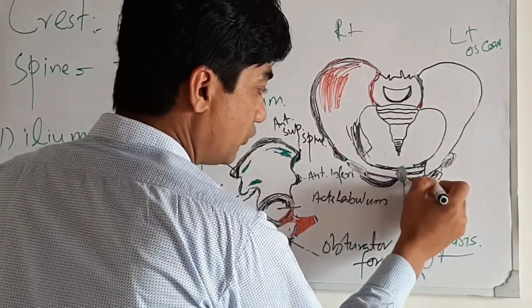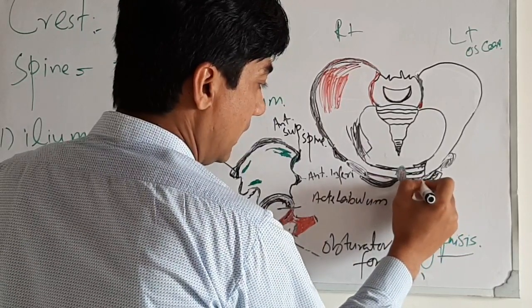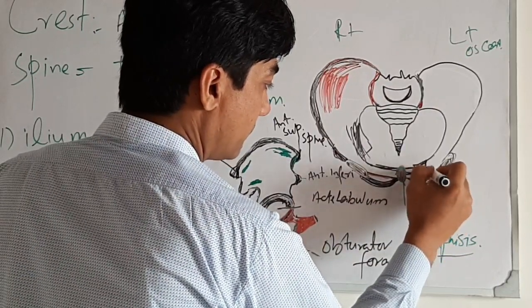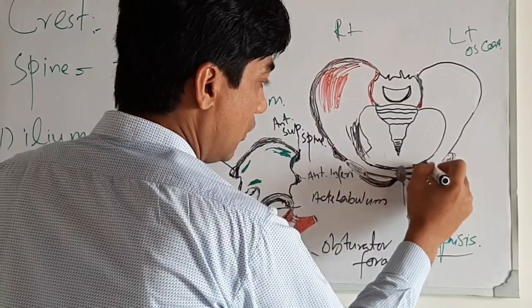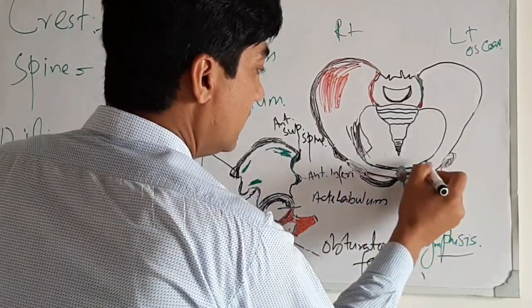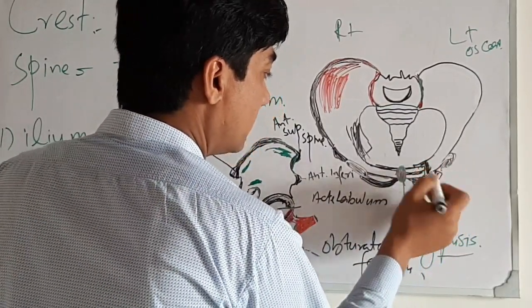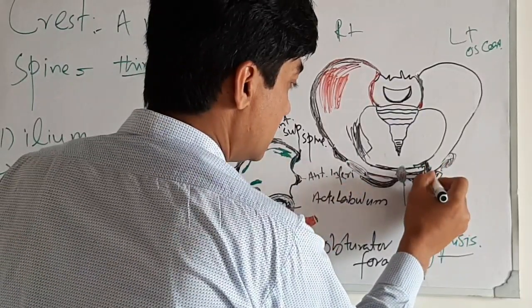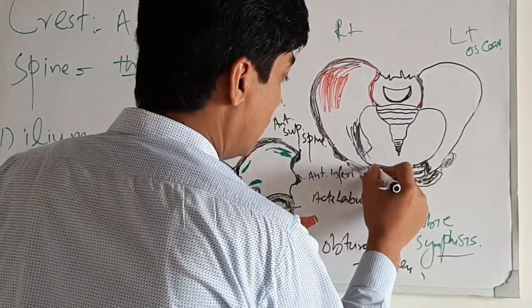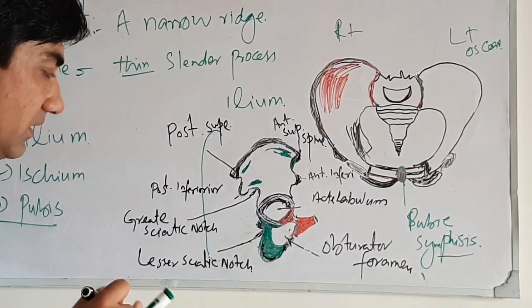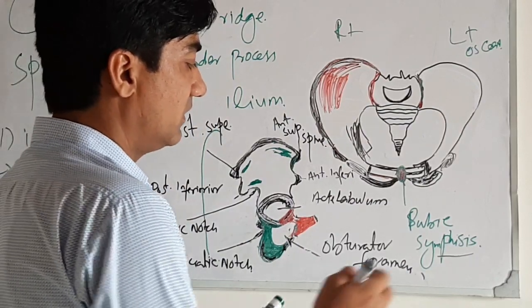This is a part of the os coxa, that is the pubic bone, the pubis, which unites with the other pubic bone on the right side and forms a joint as the pubic symphysis.